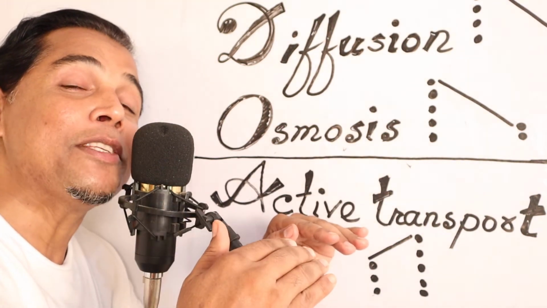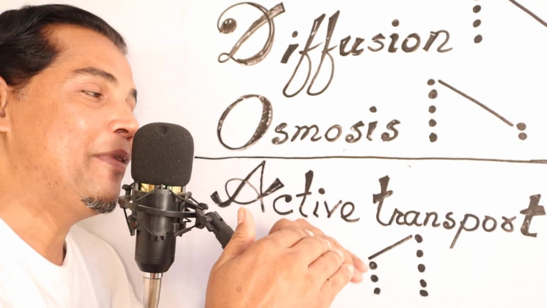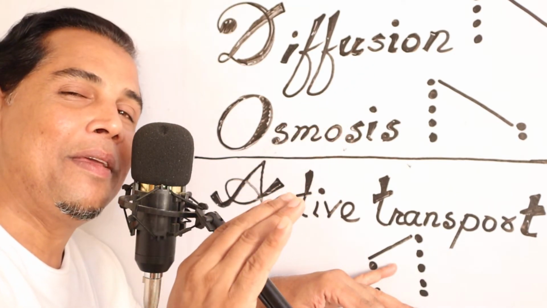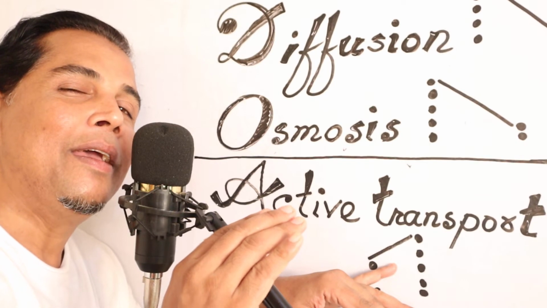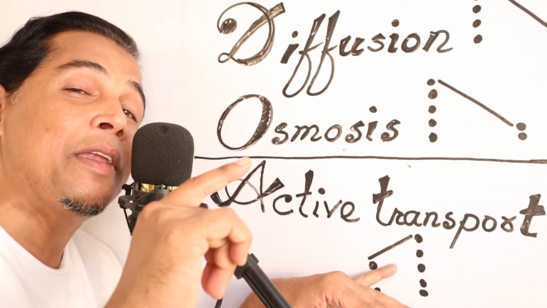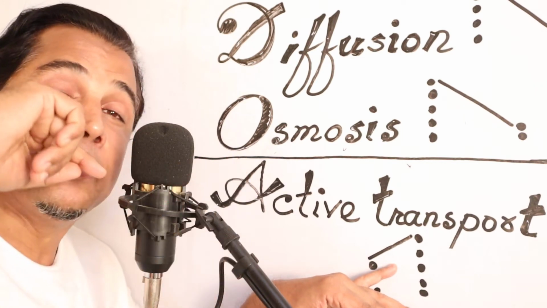But active transport is fully different. Here the gradient is the opposite gradient. Basically, this is opposite pressurization.